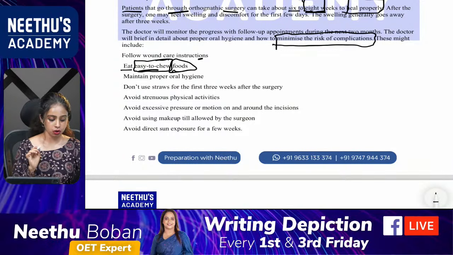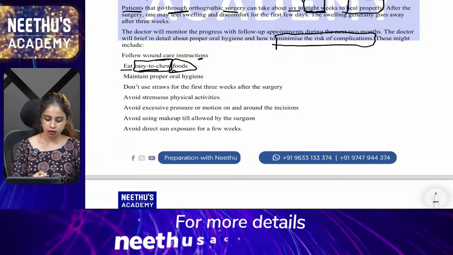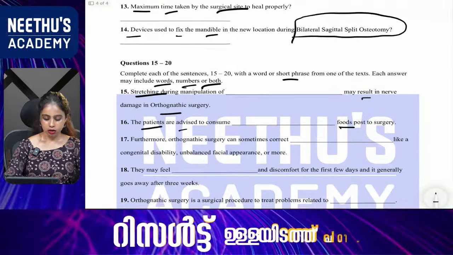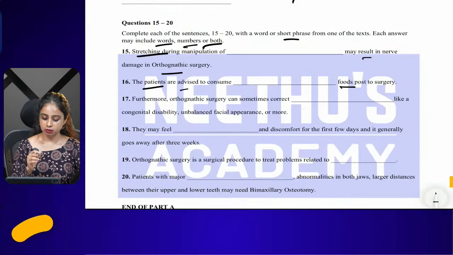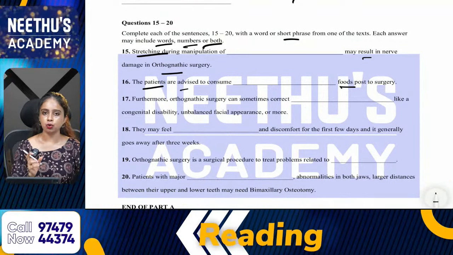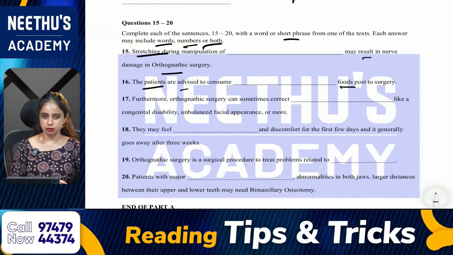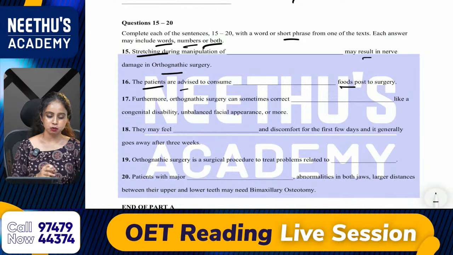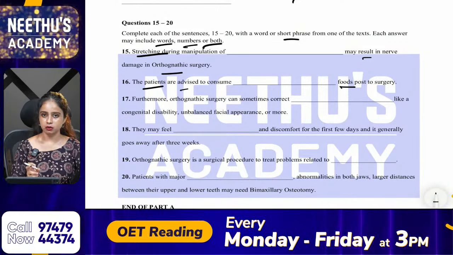So, don't forget to mention the hyphen. And when you write that particular word, don't write it in a capital letter. E should be small letter, not caps. Easy hyphen to hyphen chew. That will be the answer.